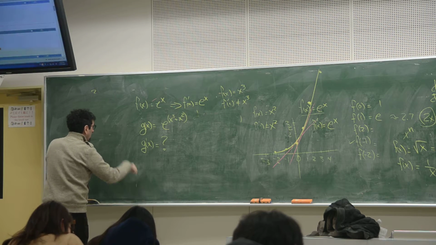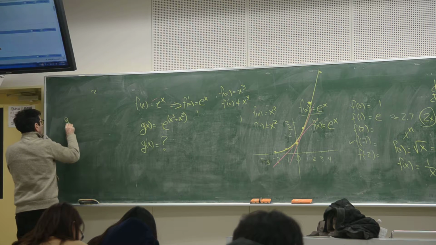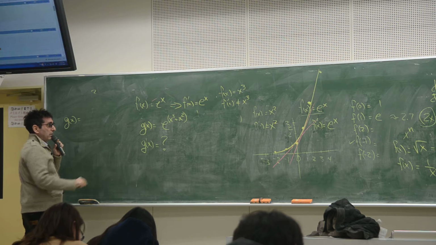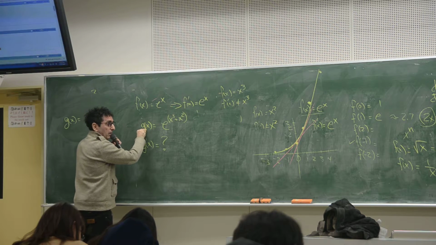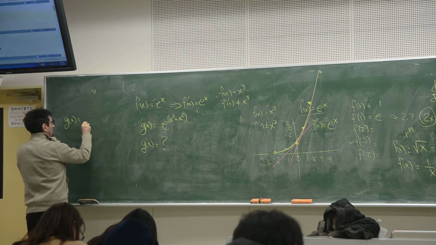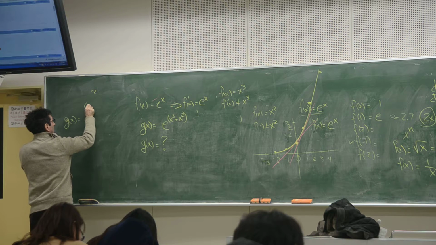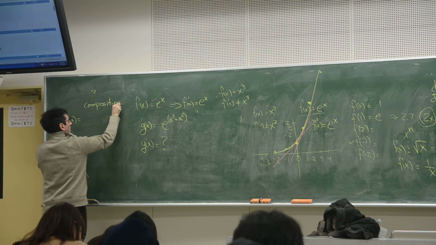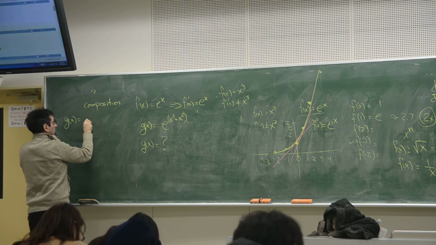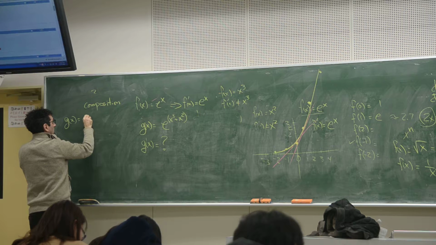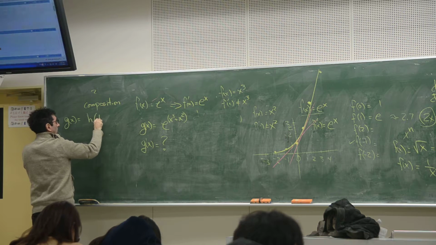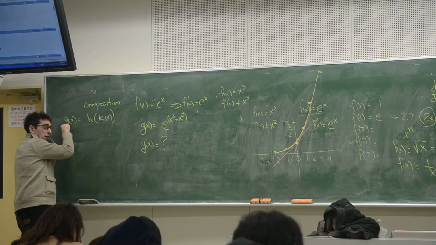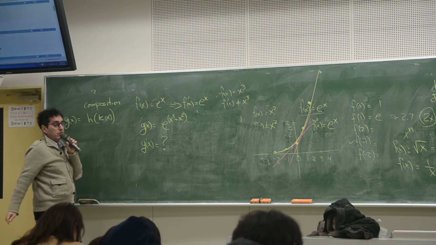Can you write g of x, this function, as a composition of, for example, call it h of k of x? Can you express g as the composition of two functions?